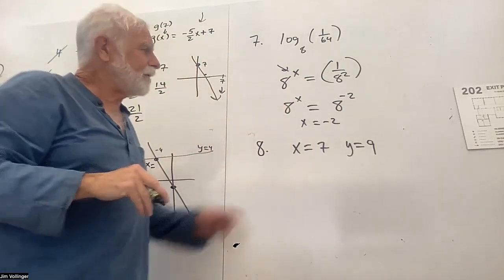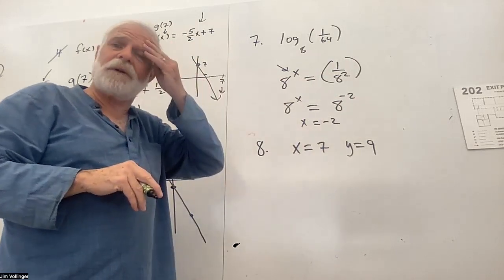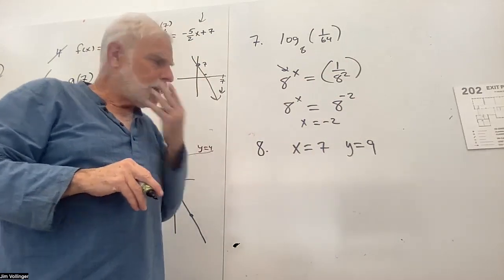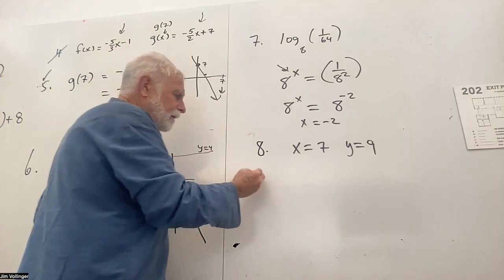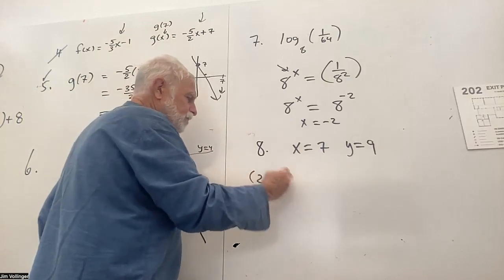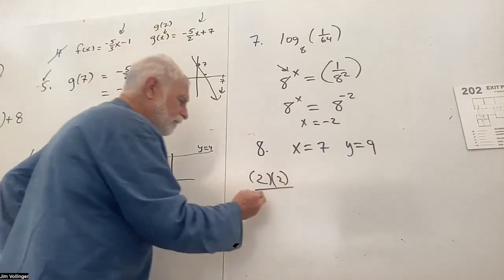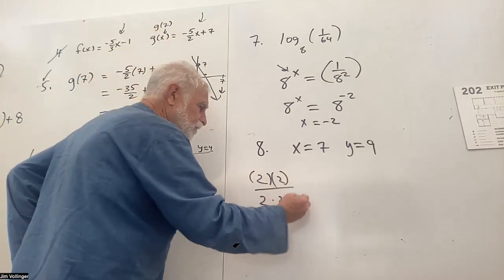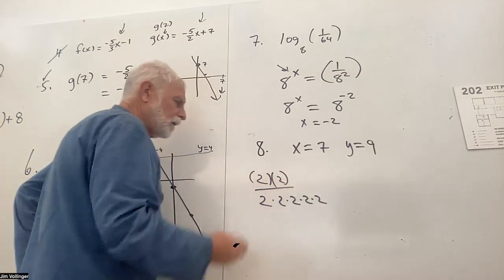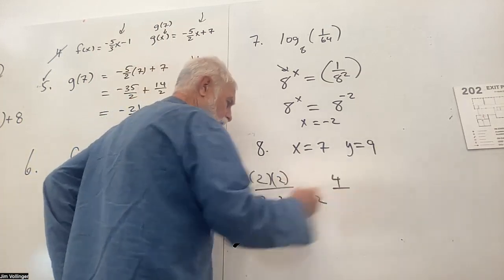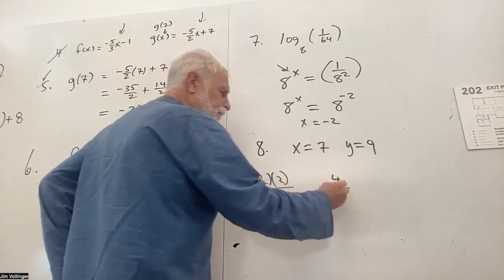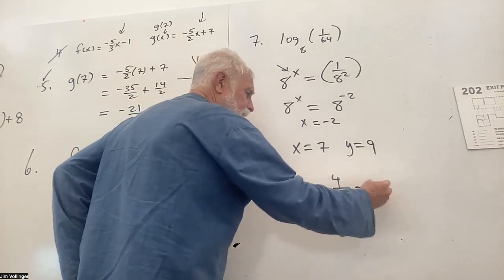We talked about where negative exponents come from week 1. All right, so if I have 2 times 2 over 2 times 2 times 2 times 2 times 2, well, that's 4 over 32, and that's 1/8.